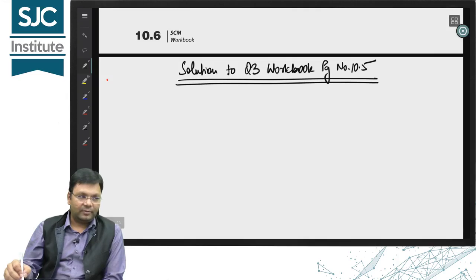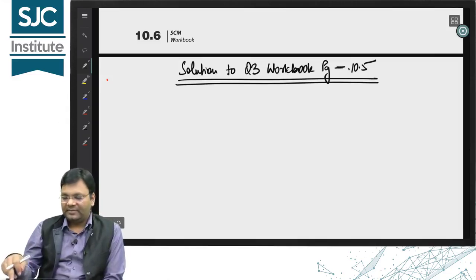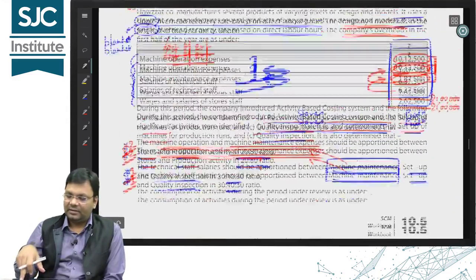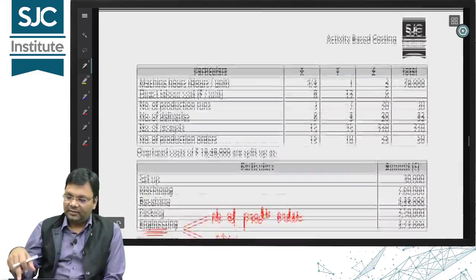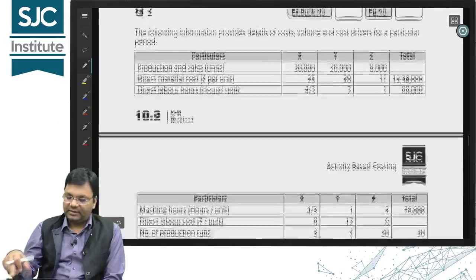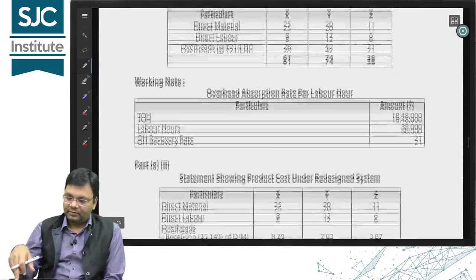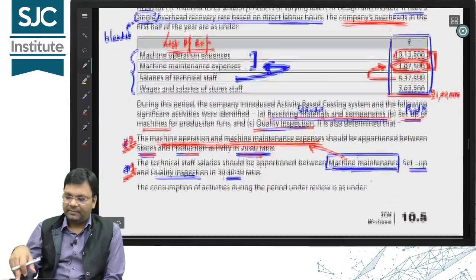Write like this in your copy. This copy's page number will be noted just beside the question. You must learn this cross referencing. It will help you a lot the day before the exam. So you must write this exercise book number and page number over here.